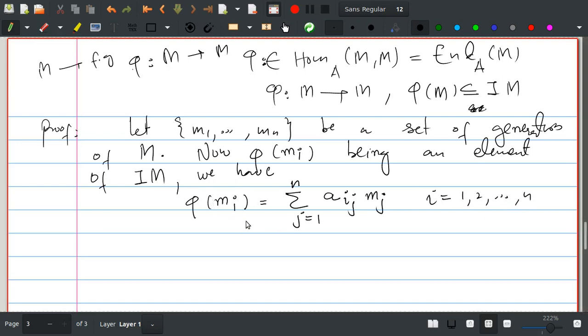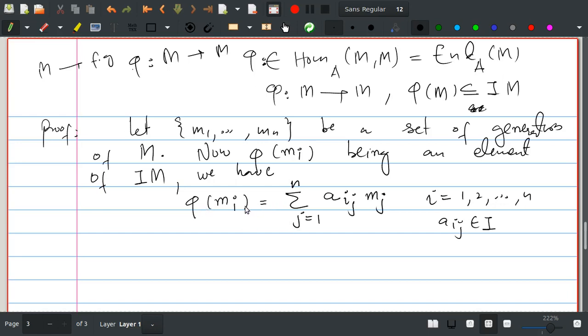I mean we are defining the images of the generators. Now note that these a_ij's are elements of I, and this m_j is a generator. So where this a_ij is in I, one can note that this is an element of IM. So this phi makes sense.